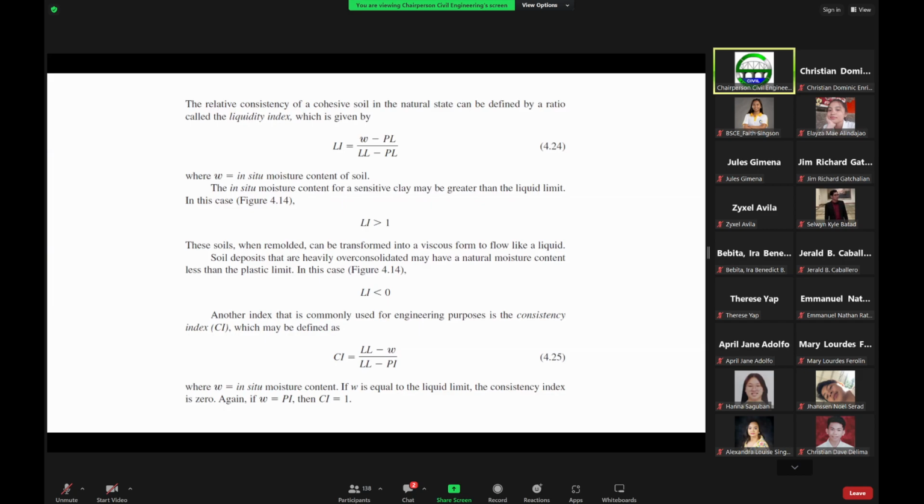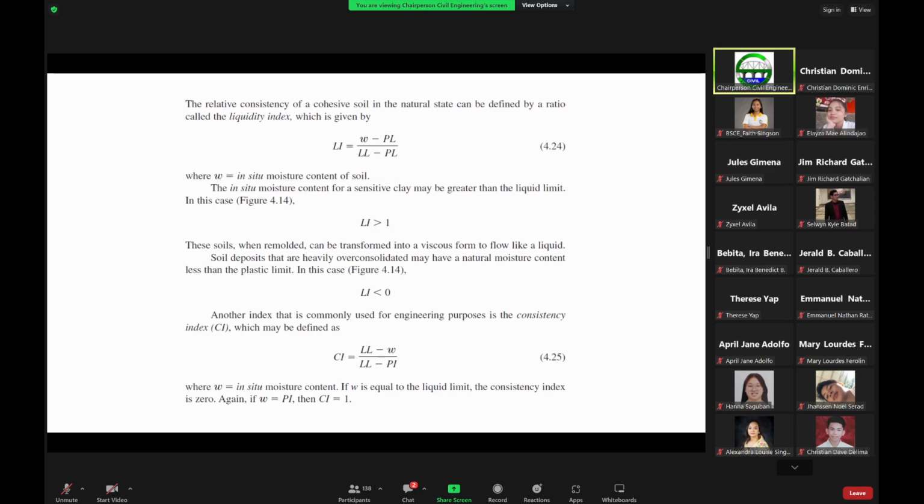Now, another index that is commonly used for engineering purposes is the consistency index, or CI, which may be defined as the liquid limit minus the in situ moisture content over the liquid limit minus the plasticity index.